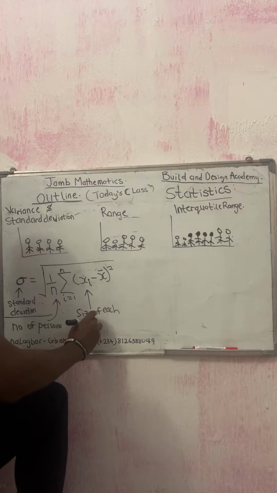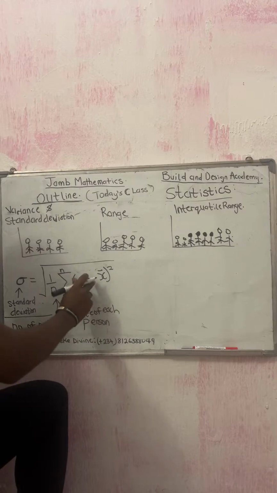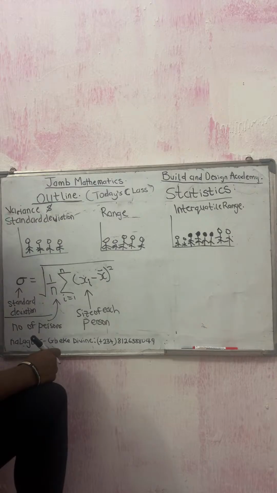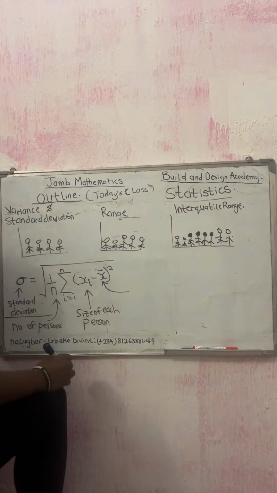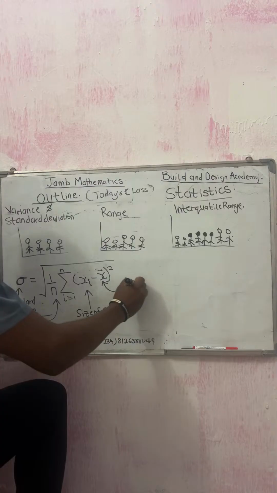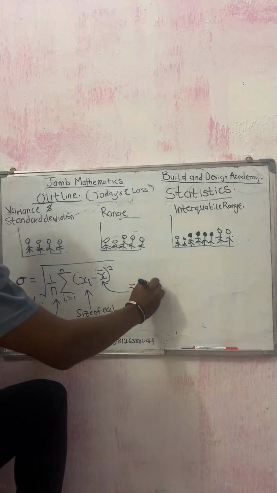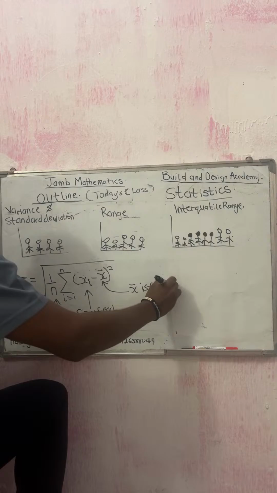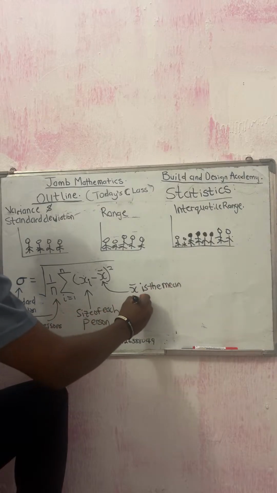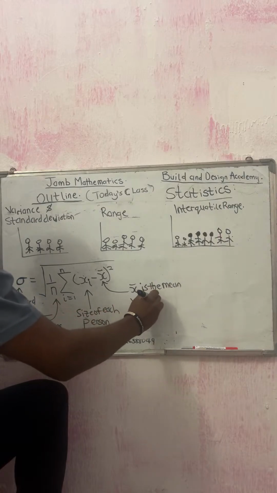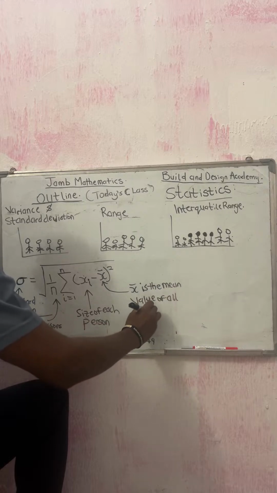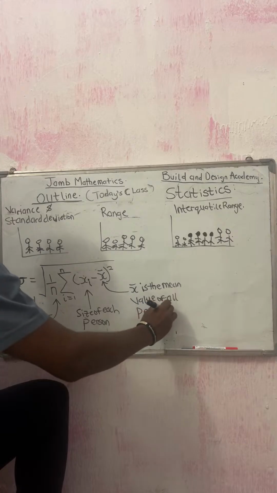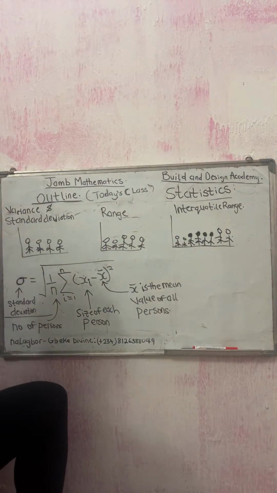Then this x bar is the mean value of all persons. I just explained what mean is before now.